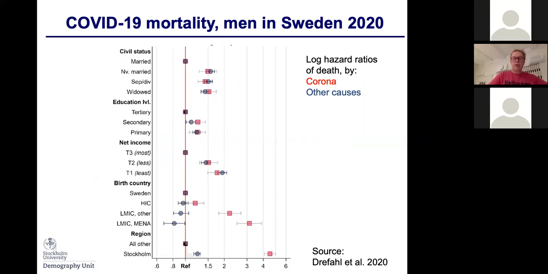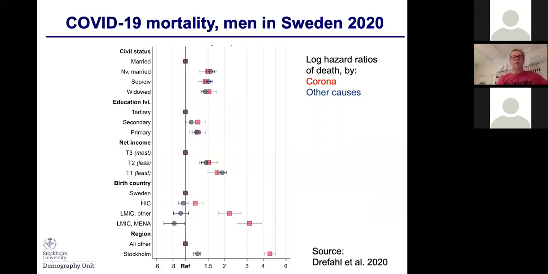We have odds ratios, and then we check what is the role of civil status, education, income, birth country, and region. We estimated the model for red dots, corona-related mortality, COVID-19, and blue dots for other causes of death.